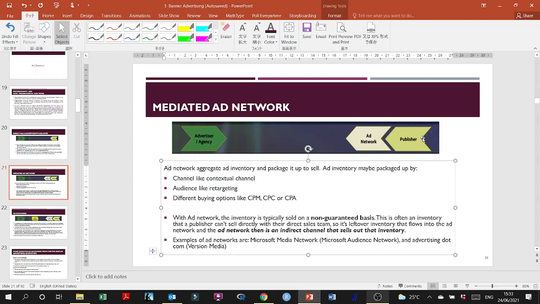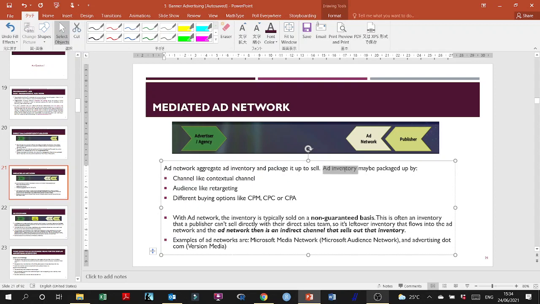For example, all the bloggers, all the YouTubers who would like to host or post and display advertisements on their digital property, what they do is sign up to AdSense, for example, Google AdSense. And Google AdSense, as an ad agency or an ad network, will aggregate and organize the ad inventory.